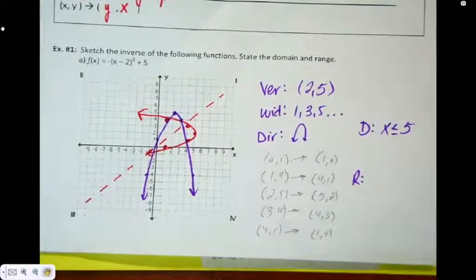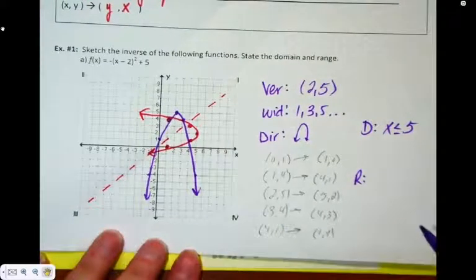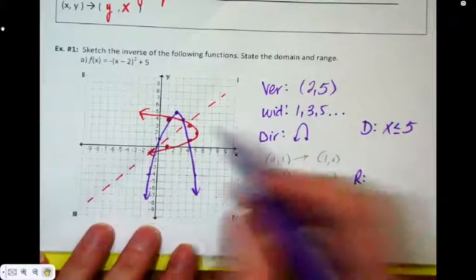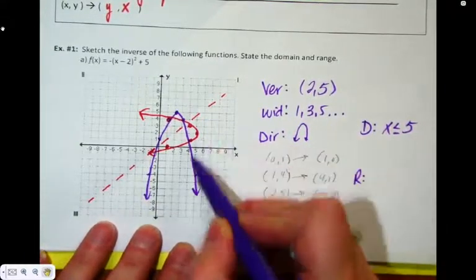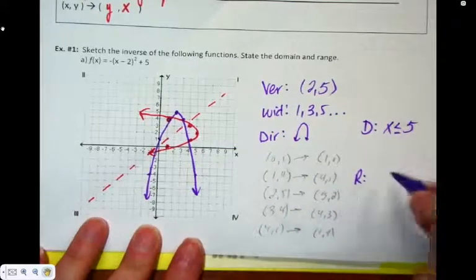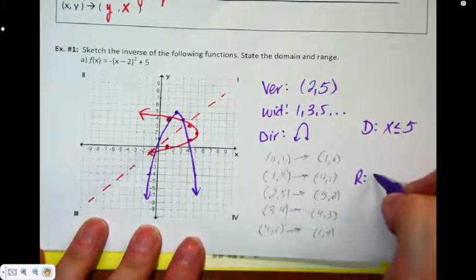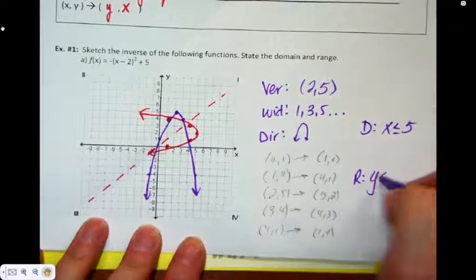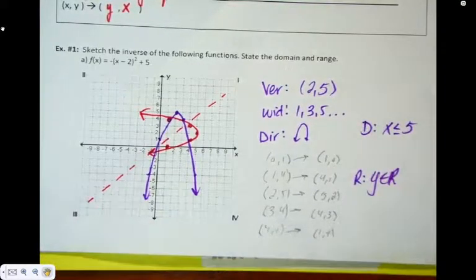What's the other notation in case somebody likes it better? Negative infinity to 5. Range? Not on the right-hand side, though, right? There's nothing past this point right here. Oh, I see. Okay. Sorry, somebody started to say the range. And I entered. Kind of. Y-E-R. Or negative infinity to infinity.